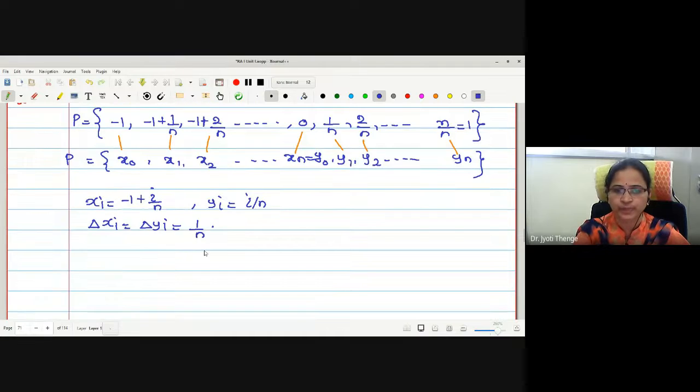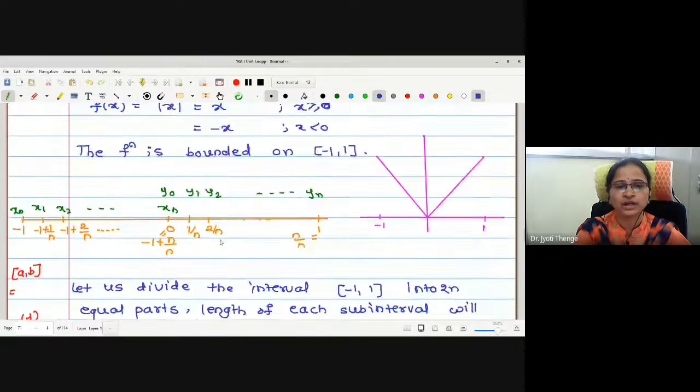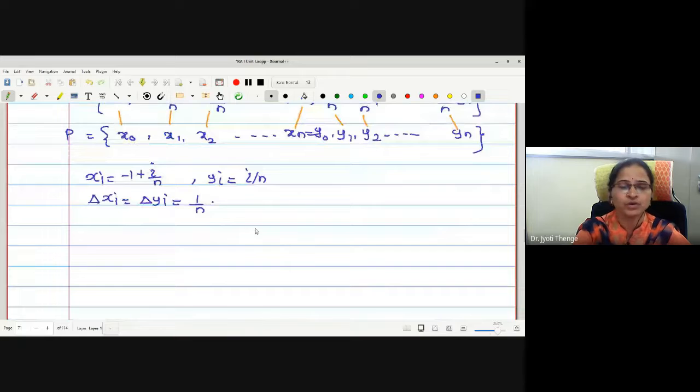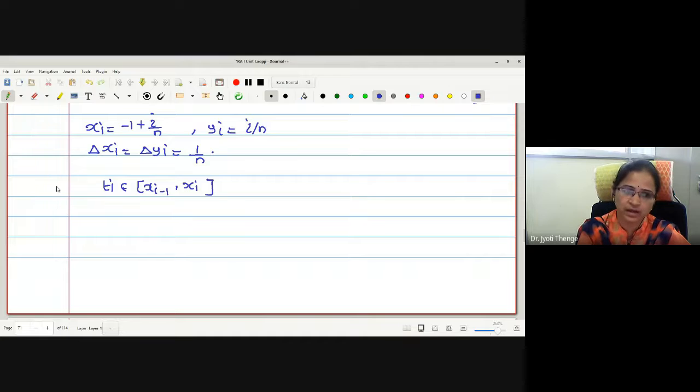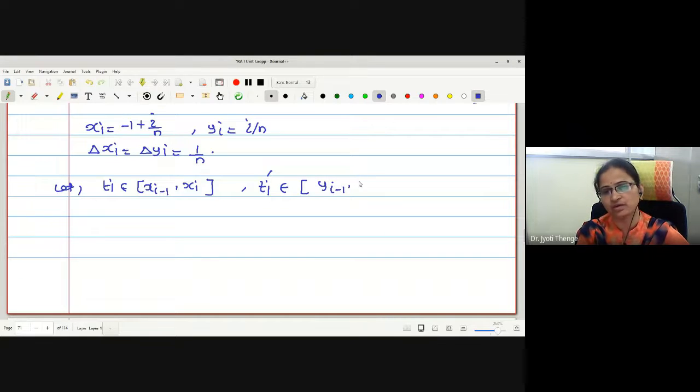Now for the different parts of the region, to write the Riemann sum, we select 2 points. Here Ti is a point in the ith subinterval of the first half, x(i minus 1) to xi, and the second we select Ti dash, which belongs to the ith subinterval of the second half, y(i minus 1) to yi.